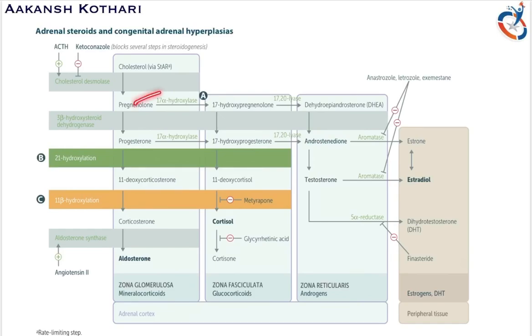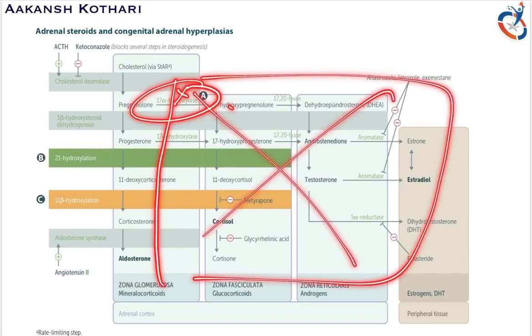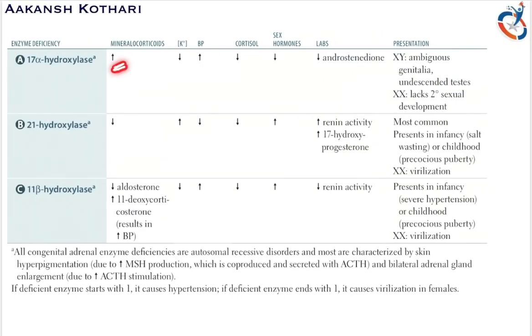Because there is no conversion of pregnenolone or progesterone to its 17-hydroxy form. So if there is a deficiency of this enzyme, the further processes from here are inhibited. Is it clear? Hence, the mineralocorticoid count increases, the cortisol hormone decreases, and the sex hormones also decrease.